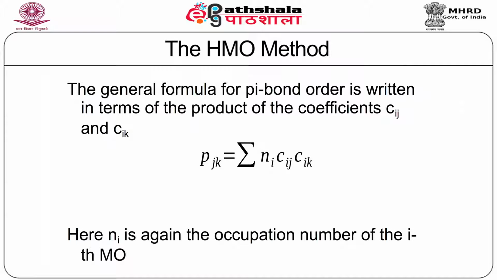The general formula for pi bond order is written in terms of the product of the coefficients Cij and Cik as Pjk equals sum over i Ni Cij Cik. Here again Ni is the occupation number of the ith molecular orbital.